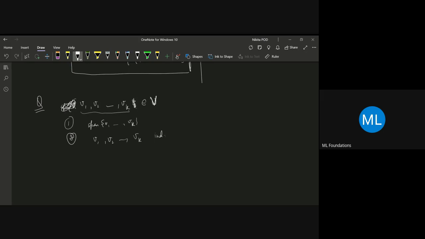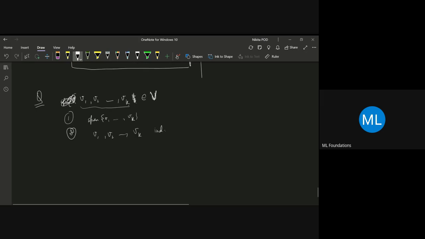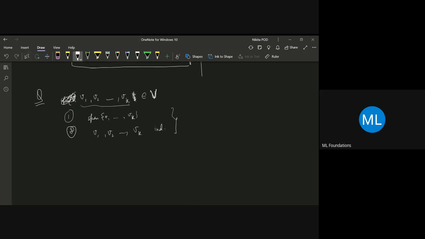Why independent? Because if these two properties are satisfied, then if I take any x belonging to V, I will be able to write that vector uniquely.